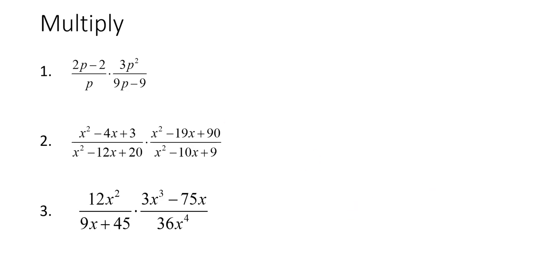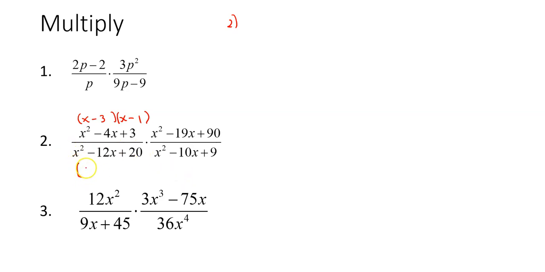The first thing I'm going to do is I'm going to factor this mess. So for number 2, the first thing I'll do is I'll factor. So this becomes factors of 3, same sign, add up to -4, so they both have to be negative. X minus 3, x minus 1. Foil it back and see if it works. X squared minus 4x plus 3, we're good.